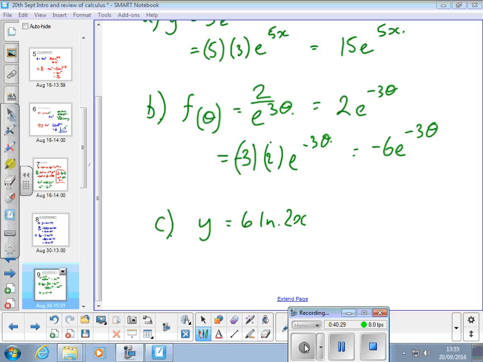How do we do that one? What does it say in the table of differentials for log function?